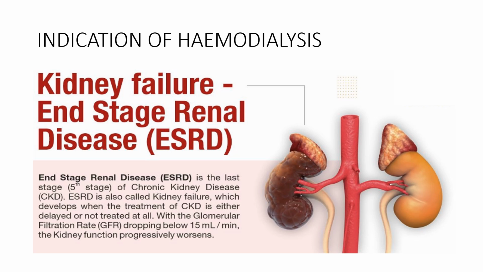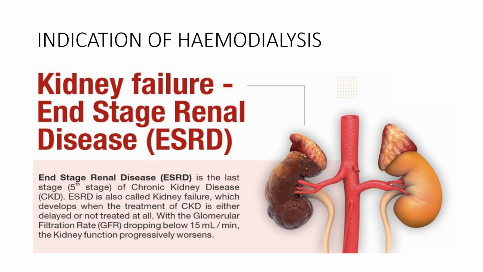The last indication of hemodialysis is kidney failure, end stage renal disease, or ESRD in short. So this is the final stage, the stage we number as the fifth stage of chronic kidney disease.